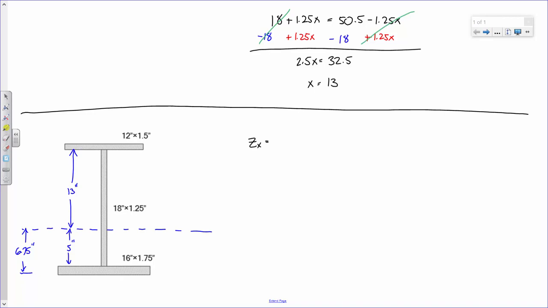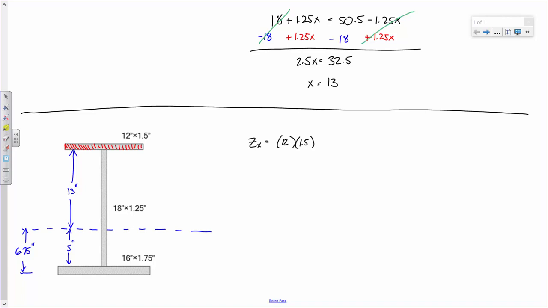Let's start off with this shape here, this flange. What is the area of that shape? Okay. So, well, I'm going to write it like this. 12 times 1.5. But you're right, it is 18. Now, how far is the centroid of that shape from the plastic neutral axis?